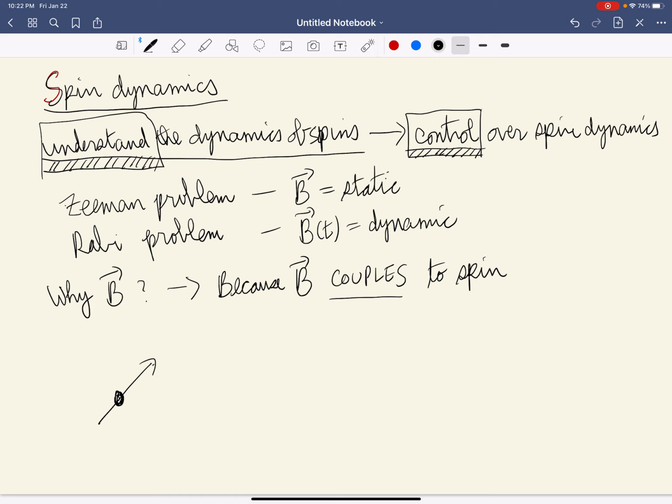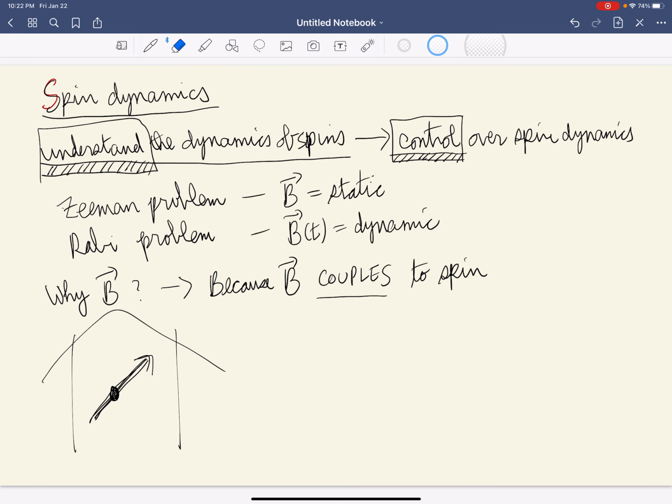So its spin orientation is schematically shown as some sort of an arrow pointing along a certain direction in space. And you apply an external magnetic field by putting a magnet nearby. And this magnetic field will then have some influence on the way that the spins evolve over time.